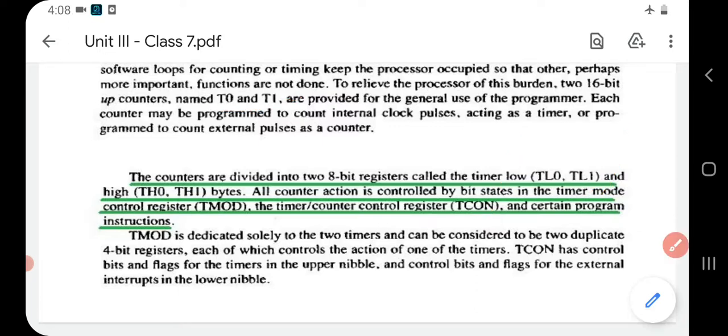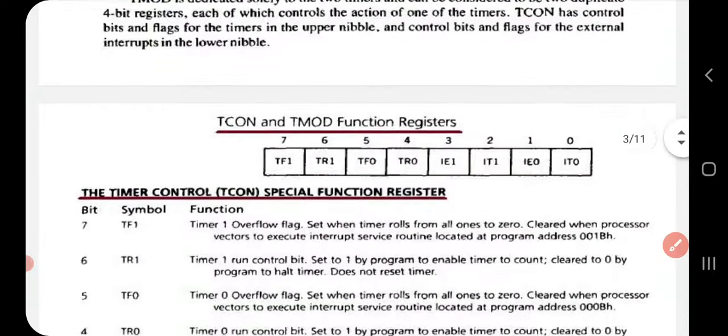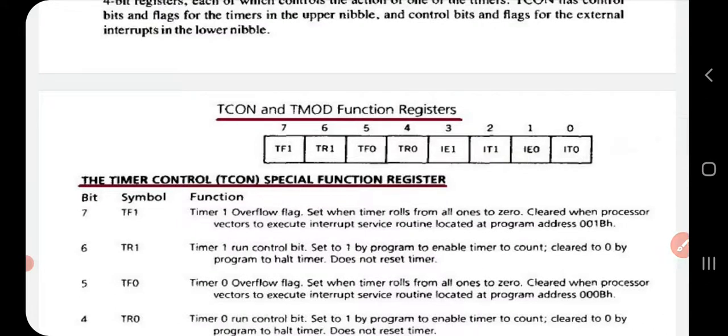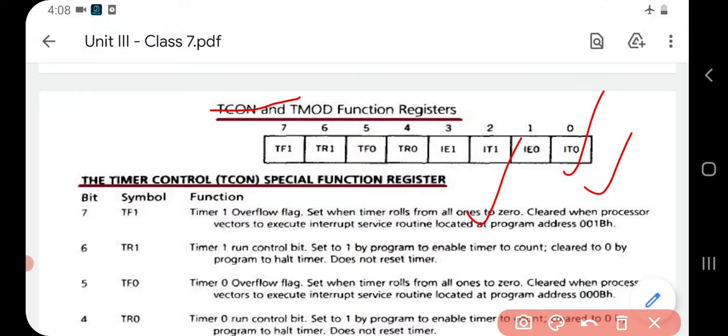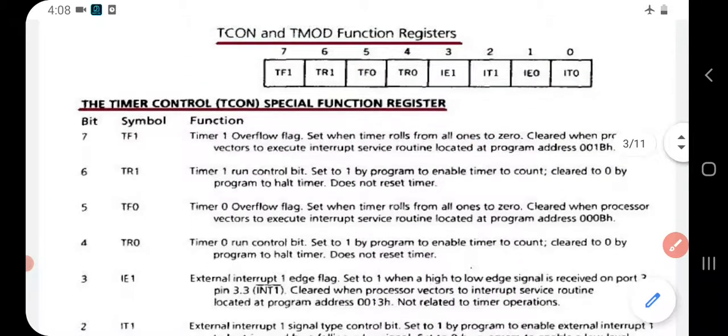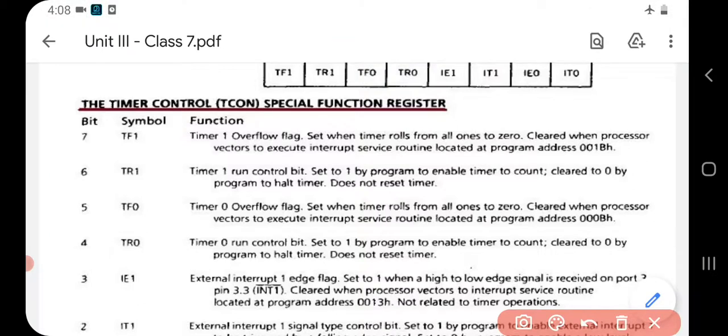Then the bit setup is given here. The first one is the timer control register, and the bit arrangement is shown here. Is TF1. Its full form is timer 1 overflow flag. Then what is its function? It is written. So this is important: the bit configuration of the TCON register.